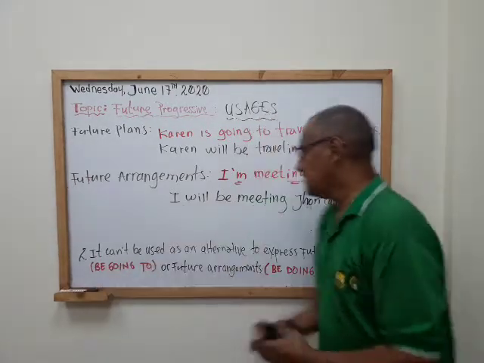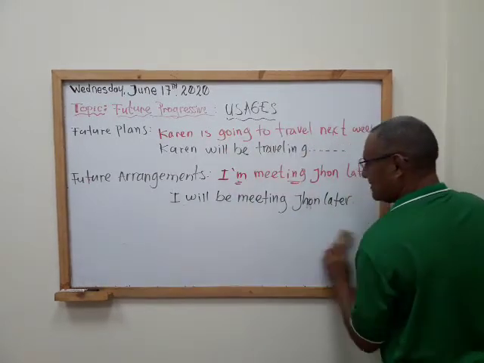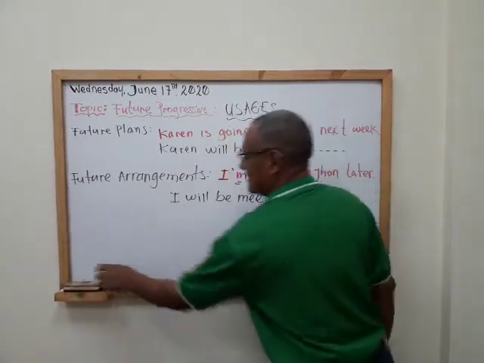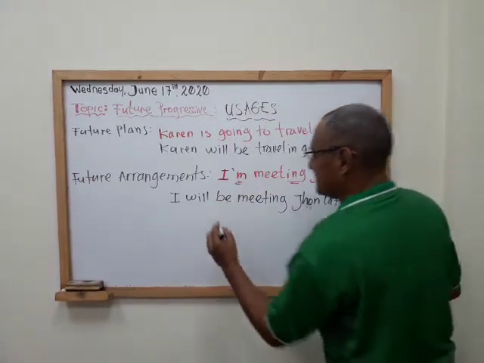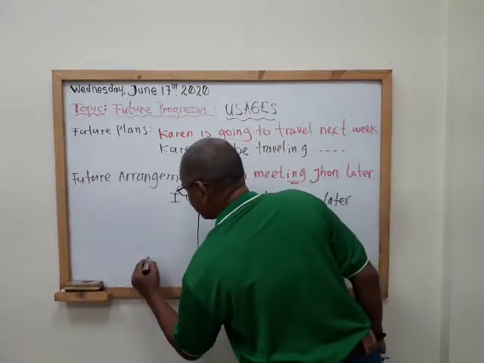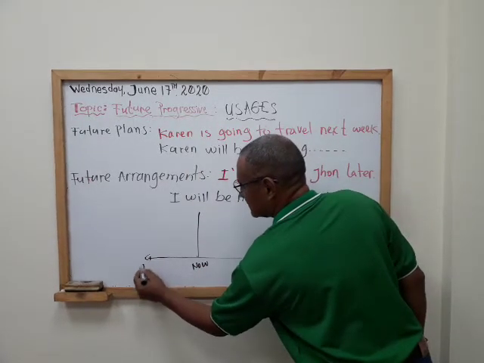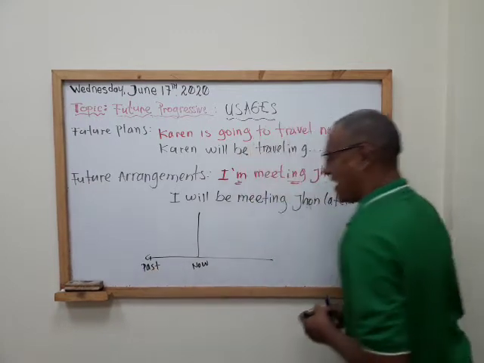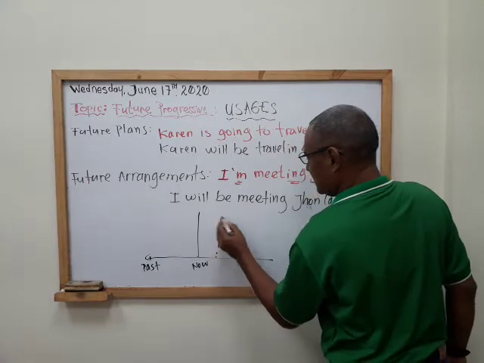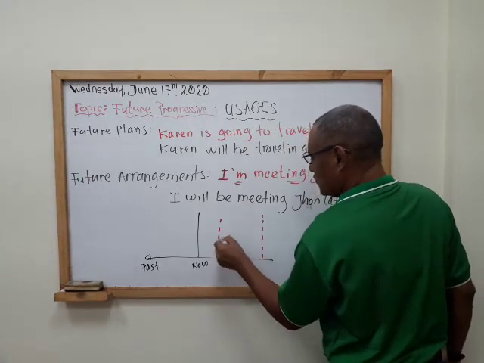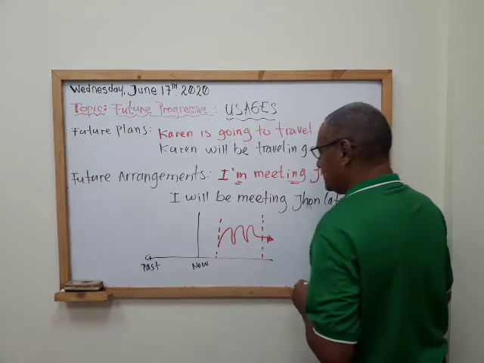It is important to check the timeline of future progressive. Remember that this is now. It doesn't have to do with the past. As it is future, the action will be in progress in this part.